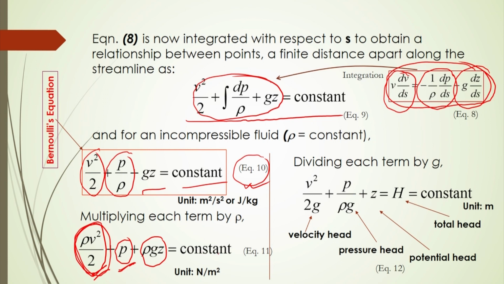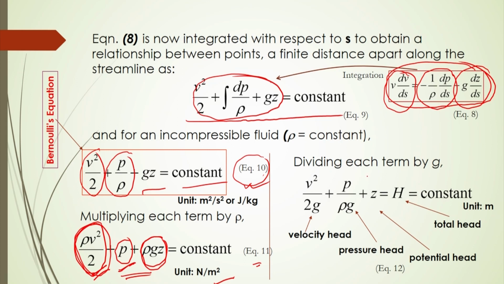This is also a unit for pressure, Newton per meter square. And rho g z is the potential energy, also expressed as a pressure, Newton per meter square. So equation number 10 can also be represented by equation number 11.